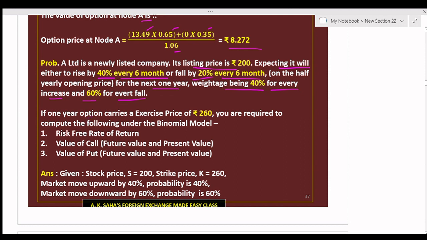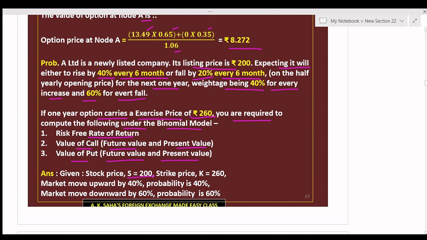If a 1 year option carries an exercise price of rupees 260, you are required to compute the following under the binomial model. Risk-free rate of return, value of call, future value and present value, value of put, future value and present value.